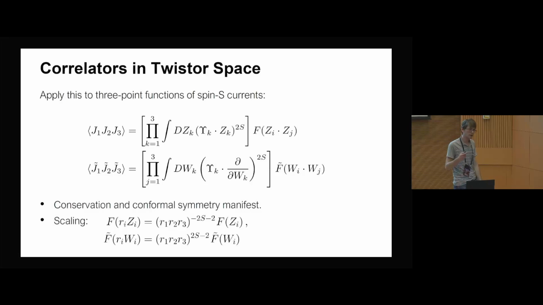And moreover, we can also trivialize conformal symmetry if we assume that the integrand of this representation depends on the twistors only through their product, where their product consists of contracting the indices with this omega. Great, so if we do this, then we're trivializing both constraints simultaneously, conformal symmetry and current conservation.